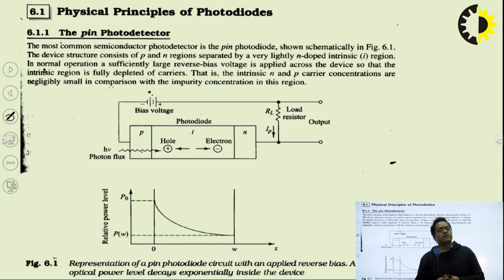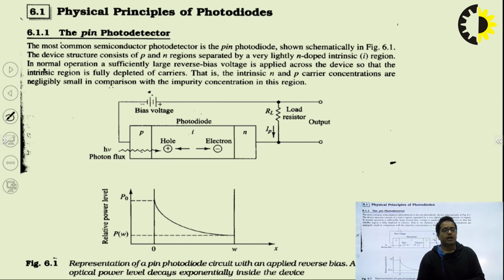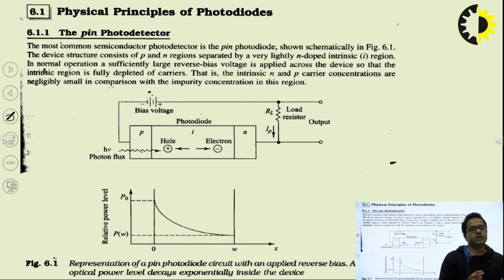Suppose that we have not provided any biasing to this circuit. Before biasing, due to the process of diffusion, a depletion layer will be formed, and after that, if we apply a reverse bias voltage, then because of the application of the reverse bias voltage, the majority carriers present inside the depletion layer are set apart from each other, right?